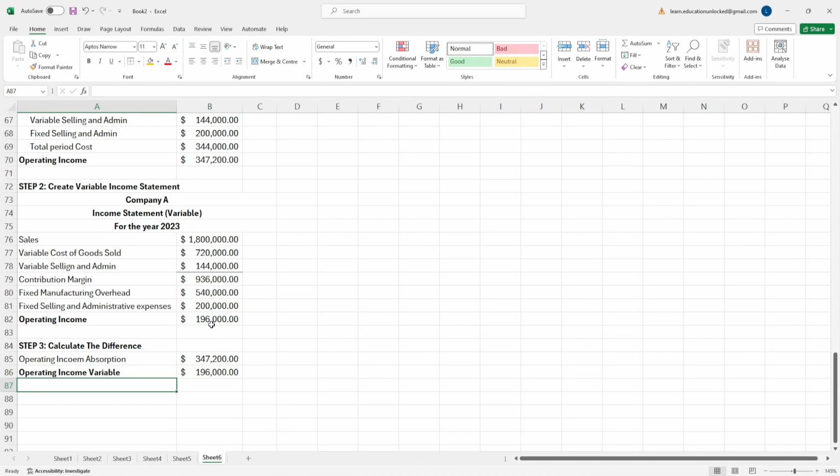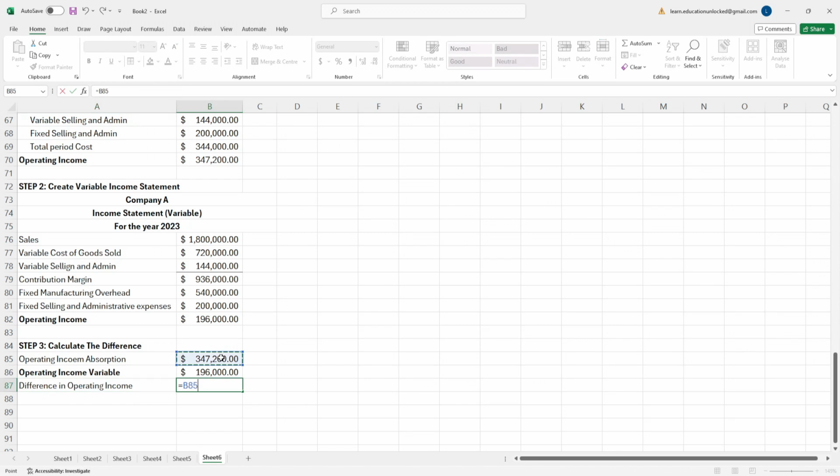All right, and the difference in operating income, it's 347 minus 196. So that is our answer, 151.2. So it's fairly easy. I would just recommend that you guys familiarize yourself with how to calculate the cost of goods sold and how to calculate your income statements for variable, for absorption, and for throughput.